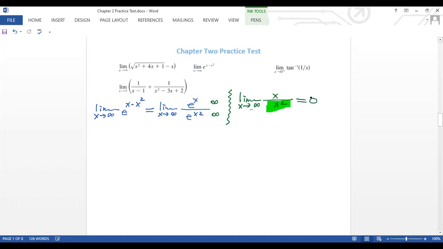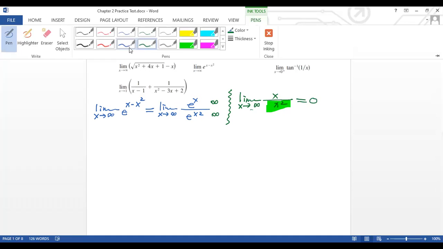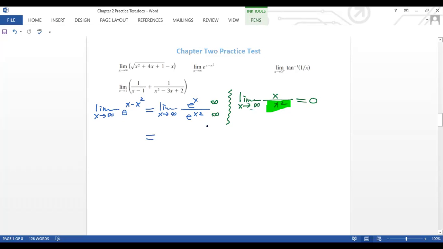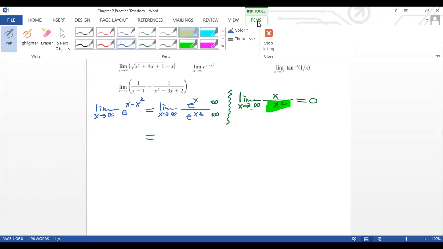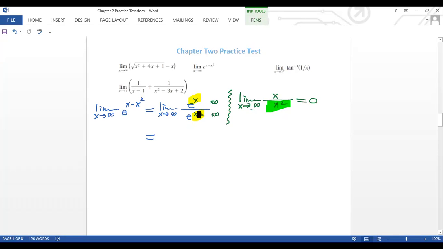It approaches 0, right? The same way here, because x squared goes faster, e to the x squared will go even faster than e to the x. Both have base e, so I'm only comparing x and x squared, so I know this is going to be way faster. So what is the answer here? It will be zero, right? So this is the one we need to be very careful with.